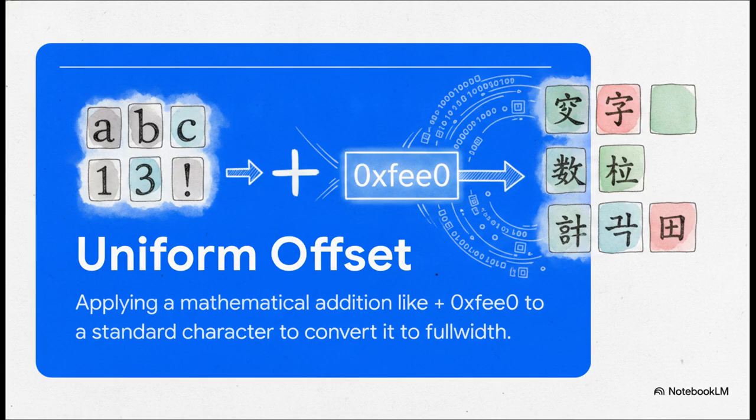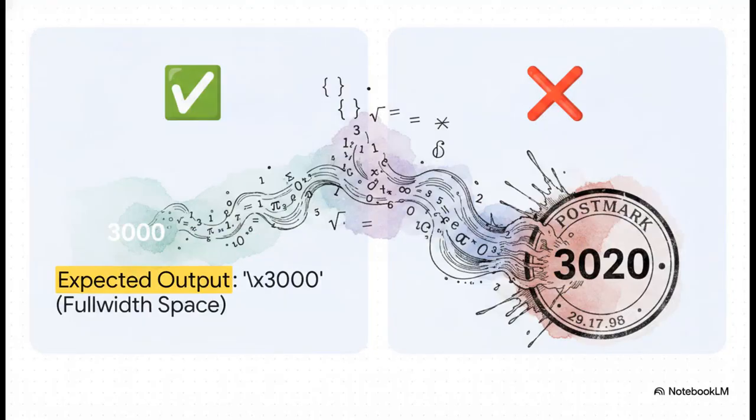Essentially, they took an entire continuous block of standard characters and uniformly added a specific hex value to them, 0xFEE0. The goal was to just mathematically shift all of these characters into their full-width versions in one swift move, which honestly is a brilliant shortcut, assuming, of course, that every single character in that block follows the exact same mathematical rules.